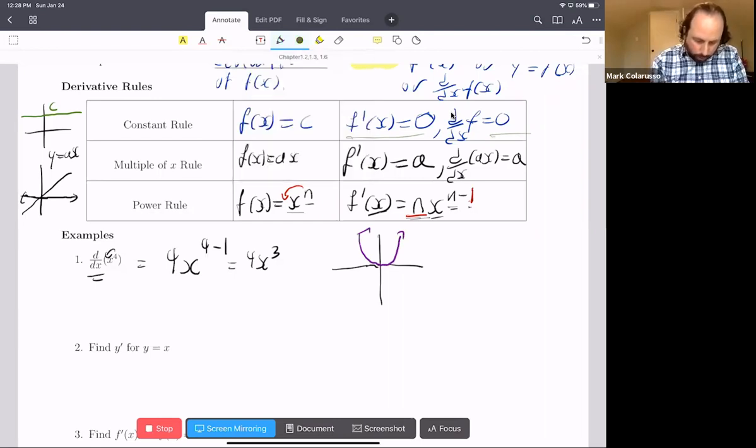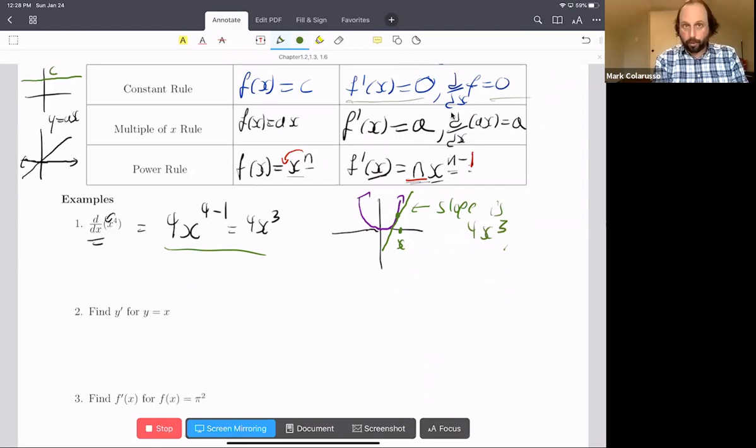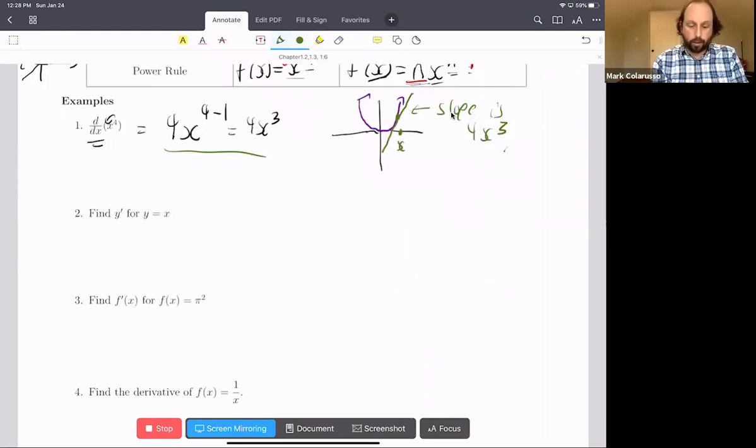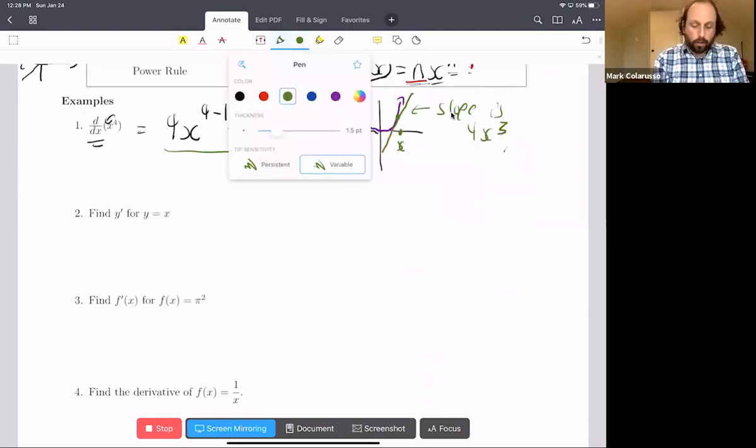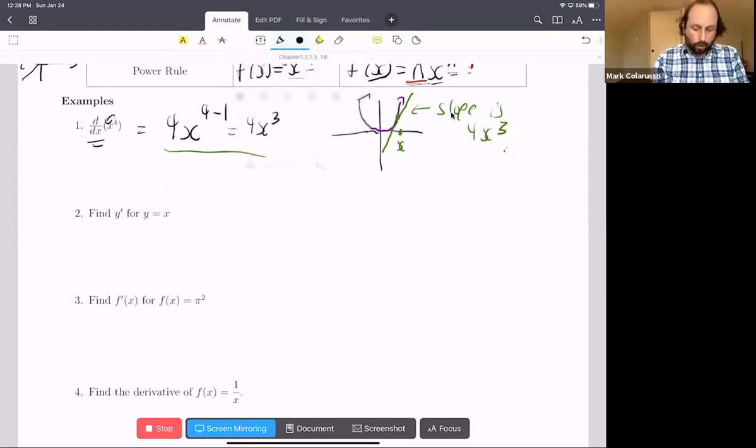This formula says, if I take any arbitrary point x on this x to the fourth curve, the slope of the tangent line, the green line I've drawn, is 4x cubed. That's what it's saying. Maybe we should do some more examples of this in class to get used to it.